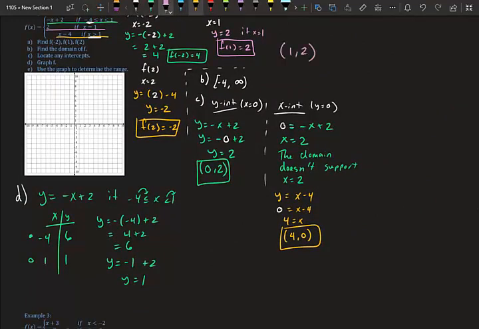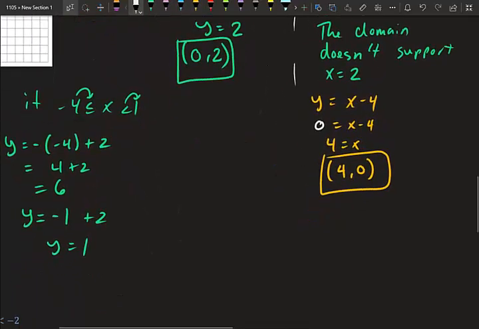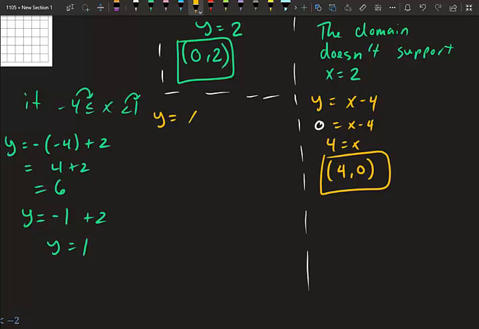So let's do the last one. We make our handy dandy T-chart. We have y equals x minus 4 if x is greater than 1. Since it says x is greater than 1, that's the x we're going to pick. And then we need one more point.